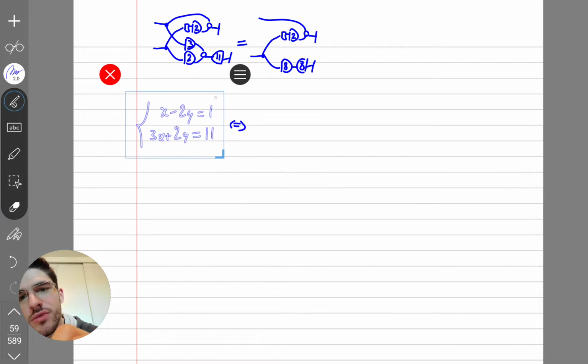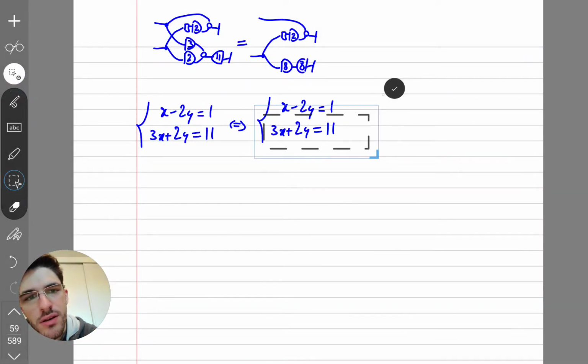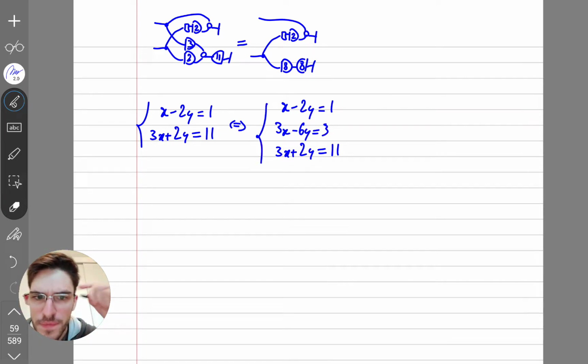Alright, so here's one way of doing this normally, and then we'll try to replicate this. One way is first do the multiplication. So 3x minus 6y equals 3. And then do the subtraction.